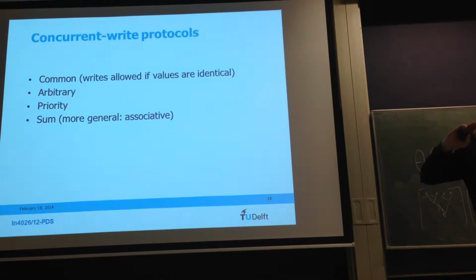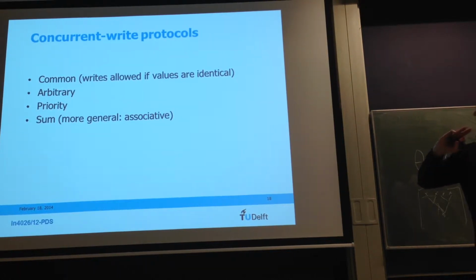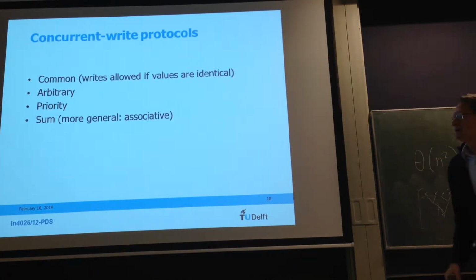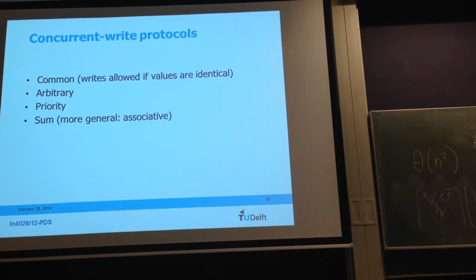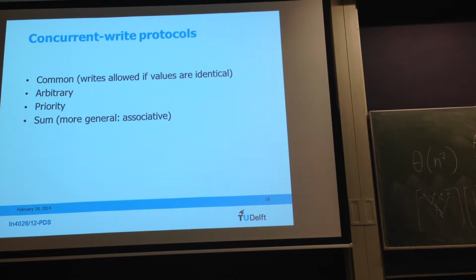Or we do it through a priority scheme, or we do it in a summation scheme, or generally as an associative operation. Then it doesn't matter in which order we do the operations. So if we do allow concurrent write, we have to impose any of these things depending on the application.